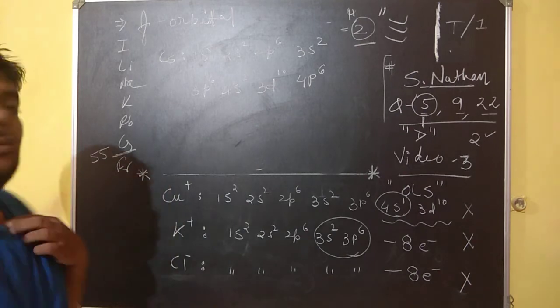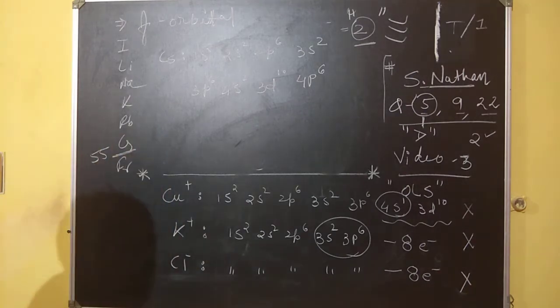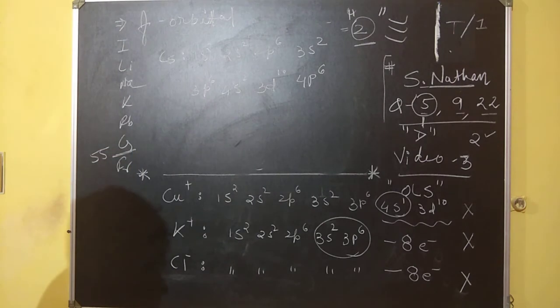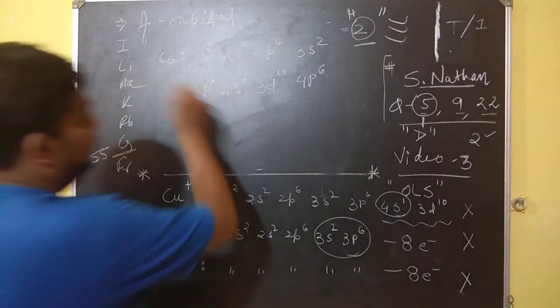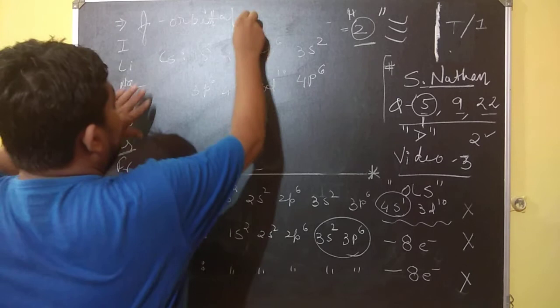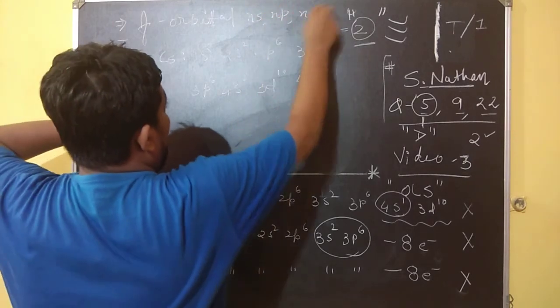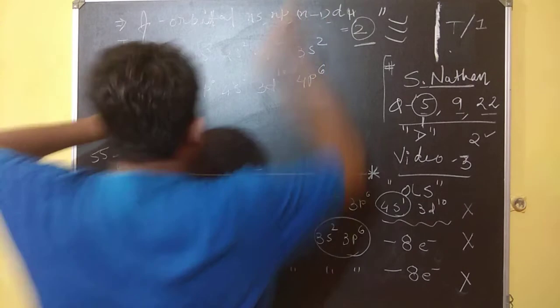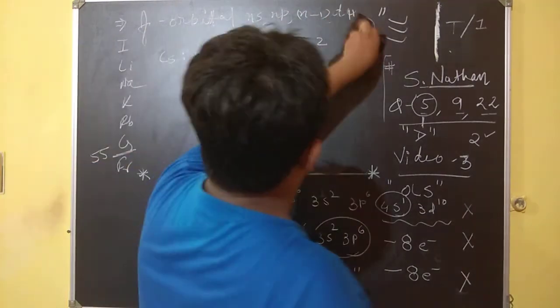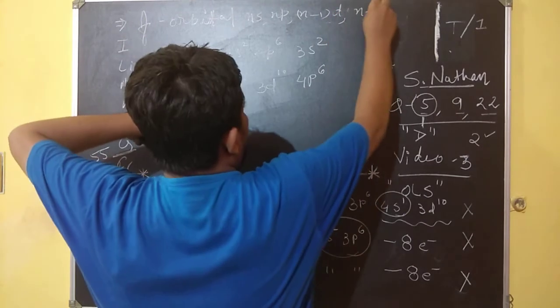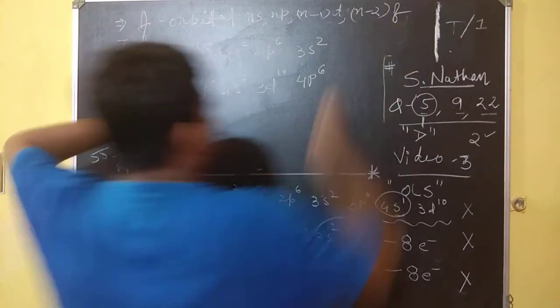So now not more than one series would be allowed. So be very careful and do not make a mistake after this. It will go with a general formula, if you remember, ns, np, (n minus 1)d, and friends, this is a few of those basic chemistry rules, (n minus 2)f.